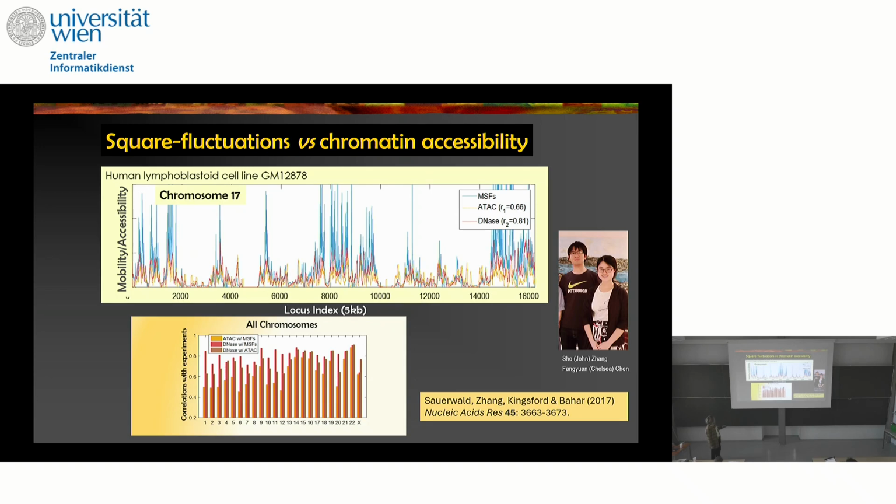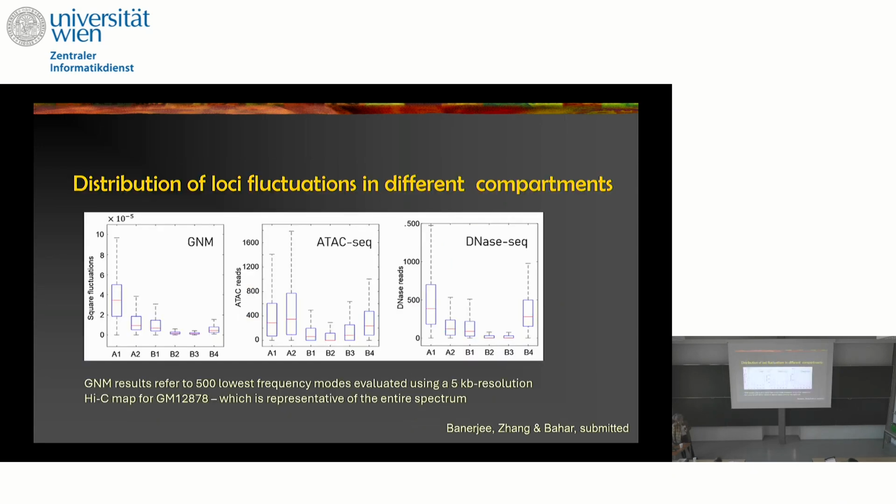You can see what happens with all chromosomes for that particular cell line. Interestingly, the two sets of experiments don't show as high a correlation with each other as theory does with DNase-seq. So yes, the Gaussian approximation is an approximation, but it provides a good representation of the experimental data.